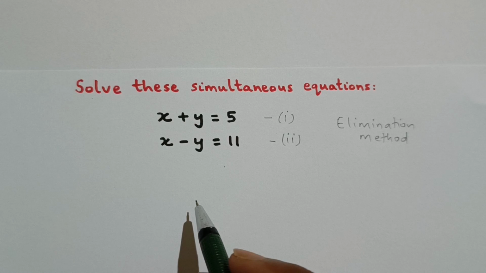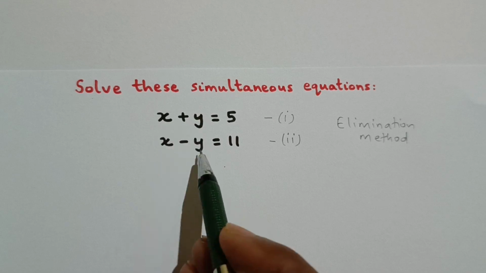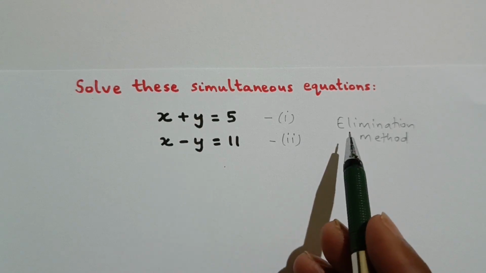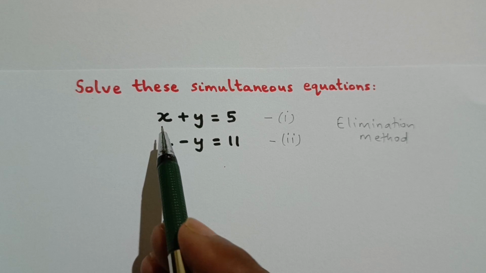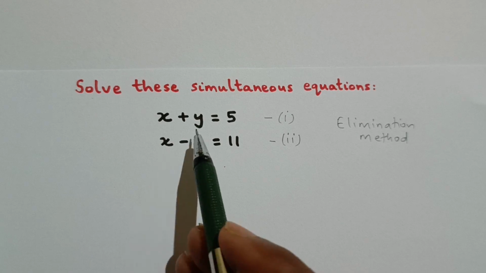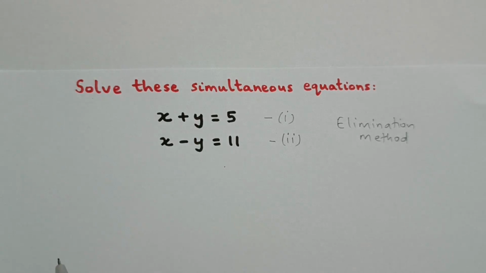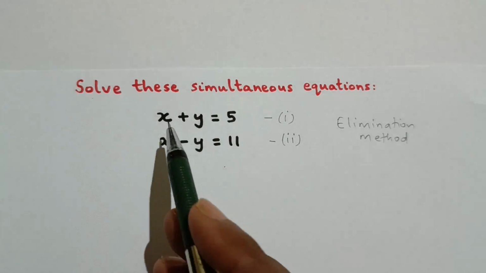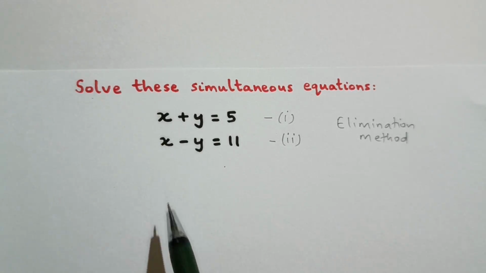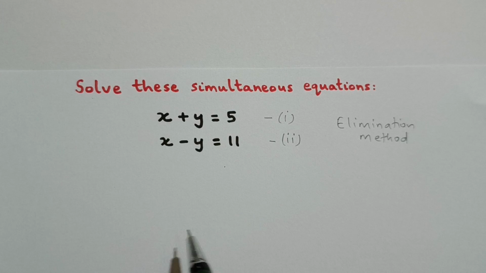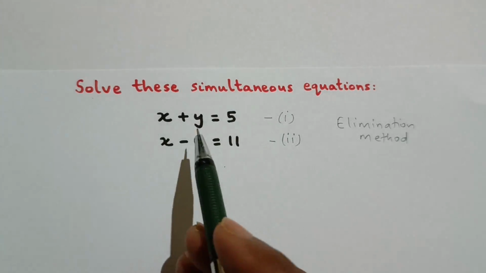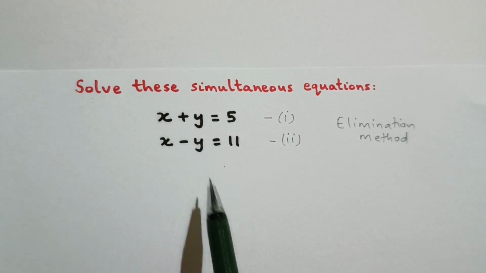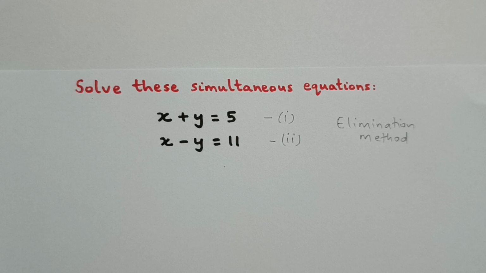Here the variables used are x and y, so we can eliminate either the variable x or the variable y. I will show you both of them. In the first process, we will eliminate variable x and solve this question. And in the second process, we will eliminate the variable y and solve this question.